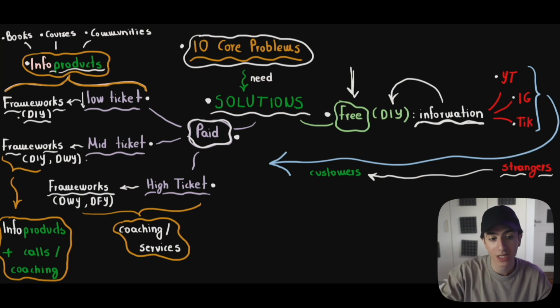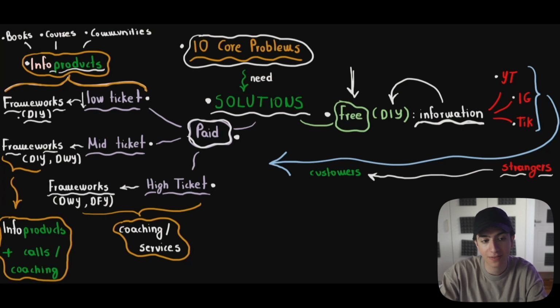So what is this mid-ticket product? It is a product that is more expensive than a low-ticket product, less expensive than a high-ticket product, and guess what? You also sell frameworks. It could be a DIY framework, but it is usually a DWY framework, a done with you product.